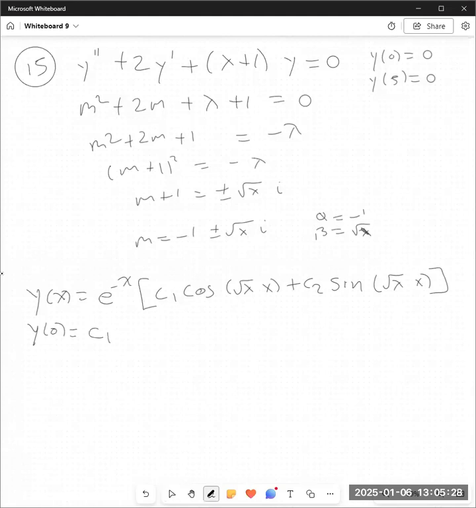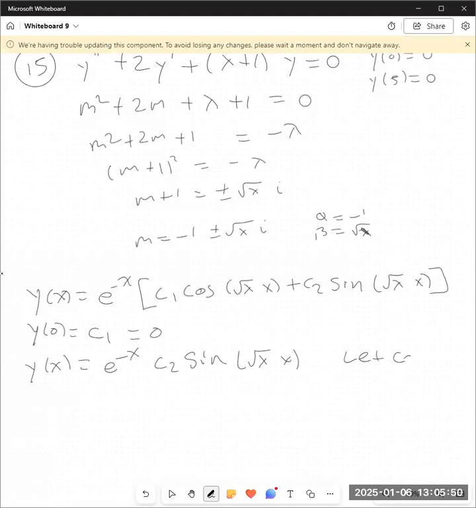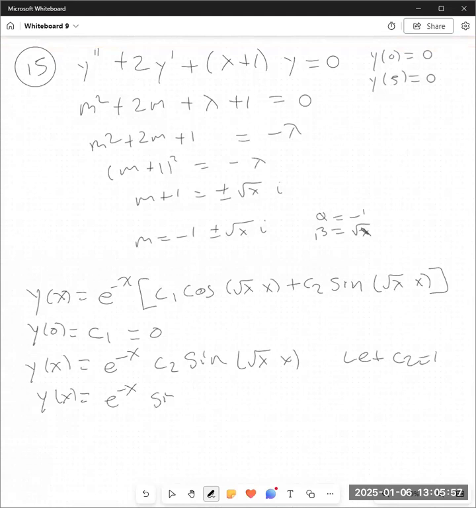So this is going to be c1. And then that's 0. So this is 0, reducing my y of x down to e to the negative x c2 sine of root lambda x. I'm going to let C2 be equal to 1 to make this e to the negative x sine of root lambda x.